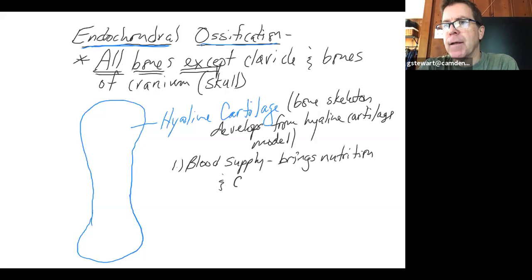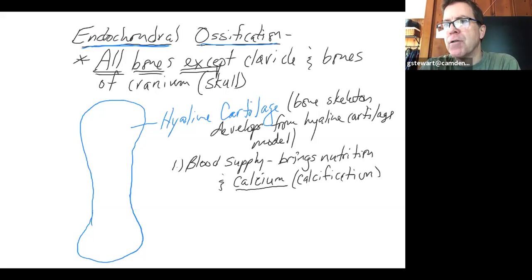That's an and sign. Brings nutrition and calcium. So we have to have a blood supply. We have to have calcium in the area. Calcification occurs. So I'll write that in parentheses. That was our first word of the day. That's why we say calcification is a major ingredient for ossification.